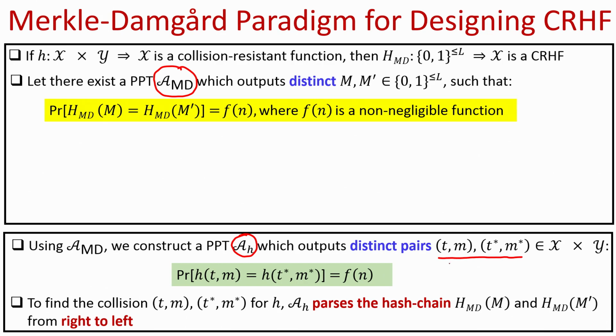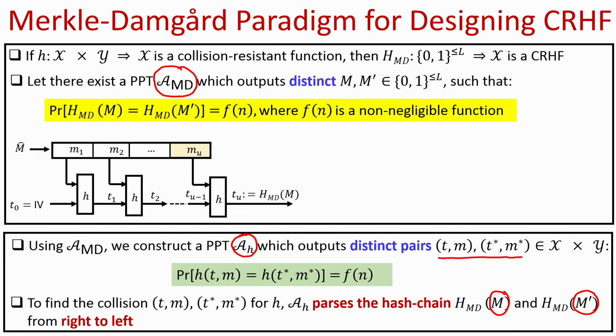And to find this pair t comma m and t star comma m star, what your adversary A sub h does is basically it parses the sequence of the hash chain which your Merkle-Damgard paradigm would have created while hashing this message big M and the message m dash, where the messages m and m dash are produced by the adversary A sub MD. So, pictorially this is how the hash value for the message big M would have been computed as per the Merkle-Damgard paradigm.